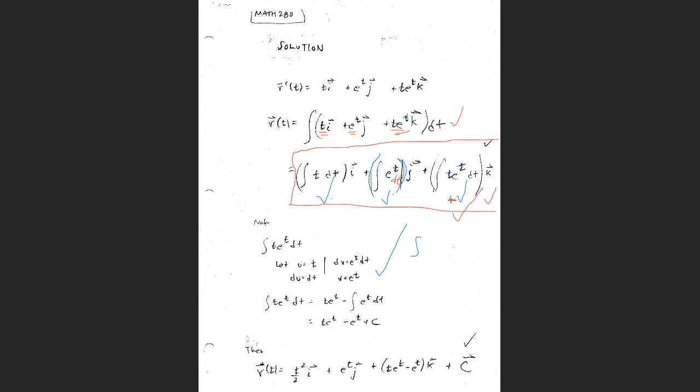Remember, the integral of u dv equals u times v minus the integral of v du. That's integration by parts.